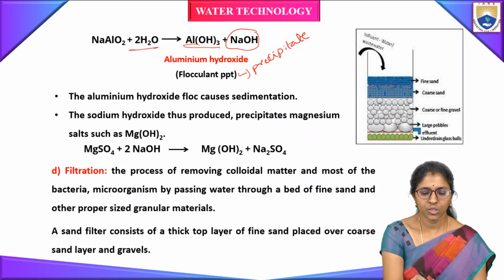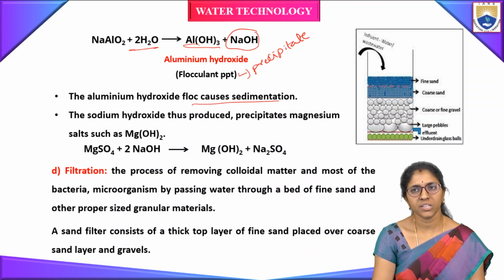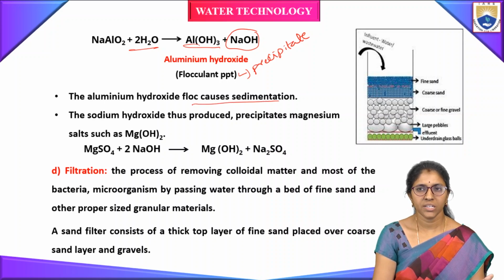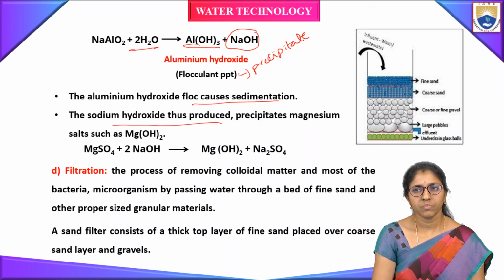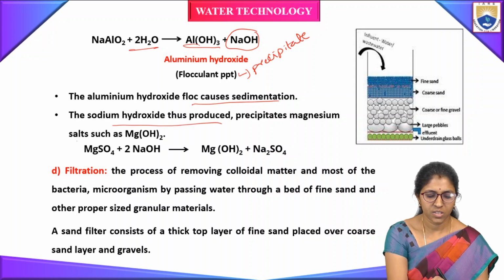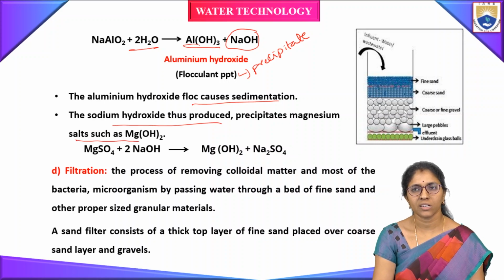These aluminium hydroxide flocs cause sedimentation; they settle at the bottom. And the sodium hydroxide that is produced precipitates magnesium salts as magnesium hydroxide.